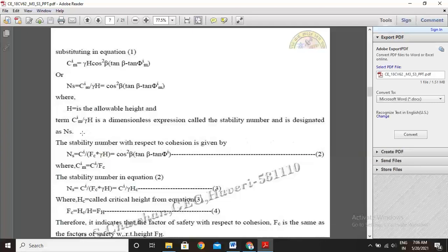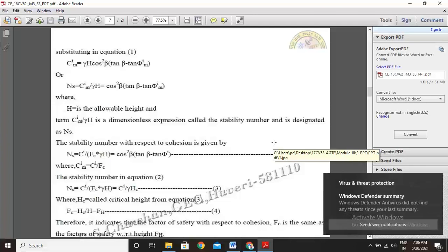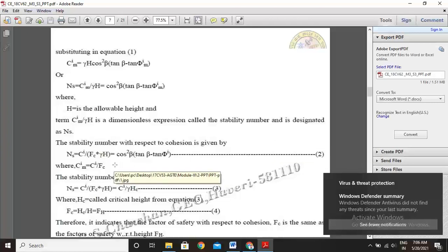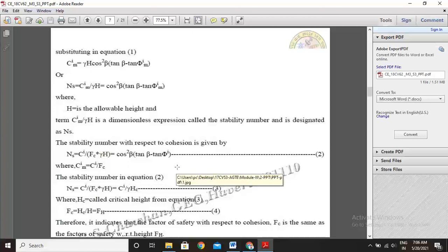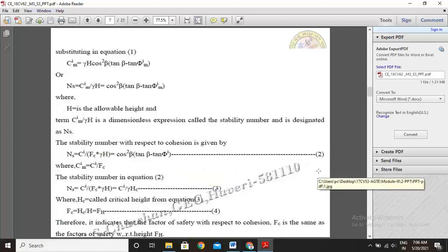The stability number with respect to cohesion is given by Ns equal to c dash by fc into gamma h, or cos square beta times tan beta minus tan phi dash. This is equation number 2, where Cm dash equal to c dash by fc.